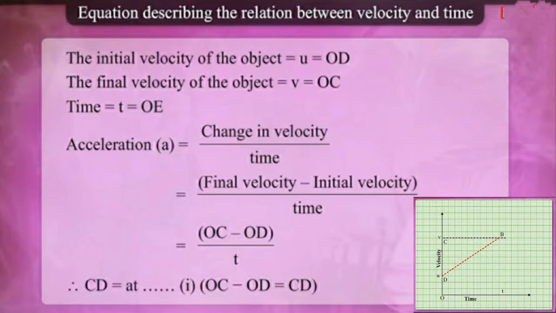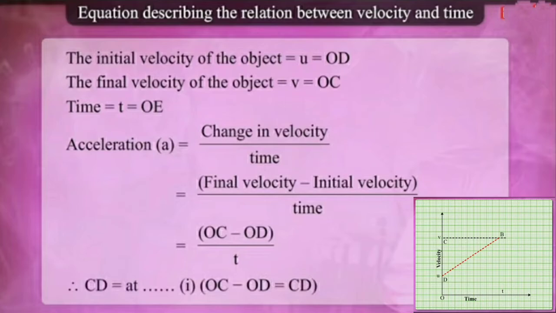The initial velocity of the object, denoted by u, is OD. That is the initial velocity. The final velocity of the object, we denote it by v. It is OC. Now children, time taken, that is t, it is OE. You can observe this on the graph which is shown on the screen.